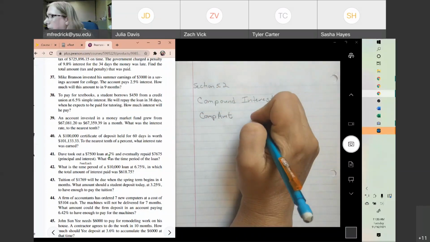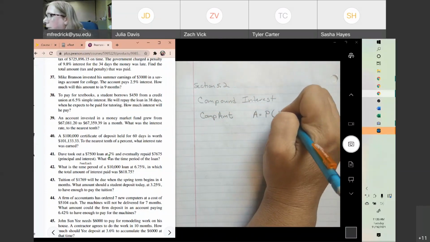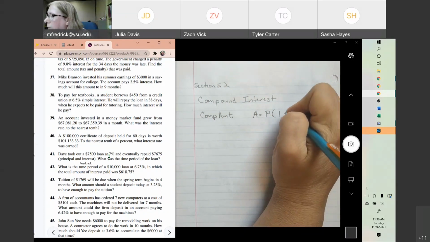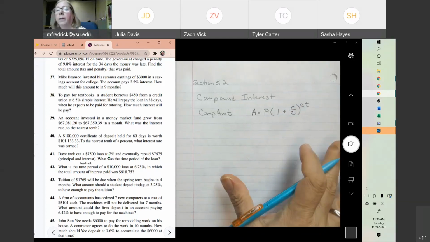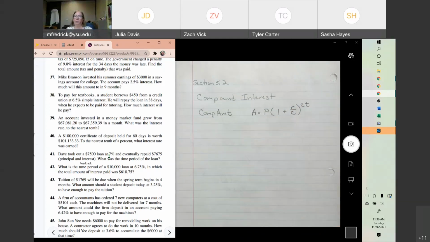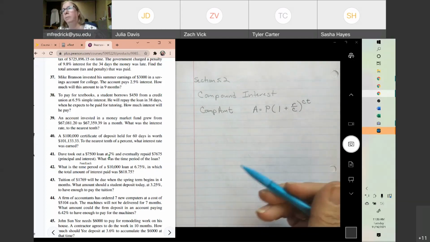So when it's a compounded amount, A equals P times 1 plus R over C to the CT. So we're just adding a little bit to our formula. What happens is the interest that you make is then made interest off of it. So the more it's compounded, the more you'll make because you're getting more money in there.